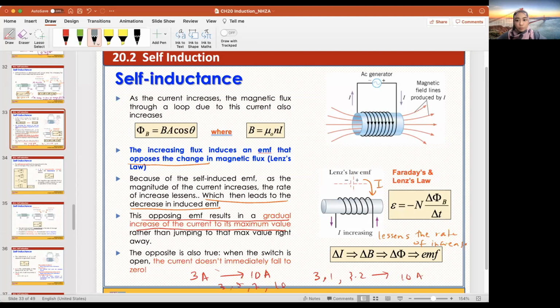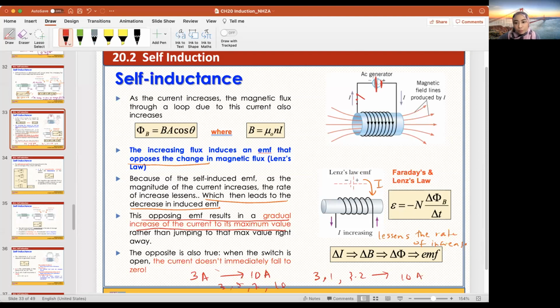Okay. So the opposite is also true. When the switch is open, assume this is an ordinary battery first. Okay, so when we have a battery, and then we have a switch. If we close it, the circuit is closed, and current can flow.